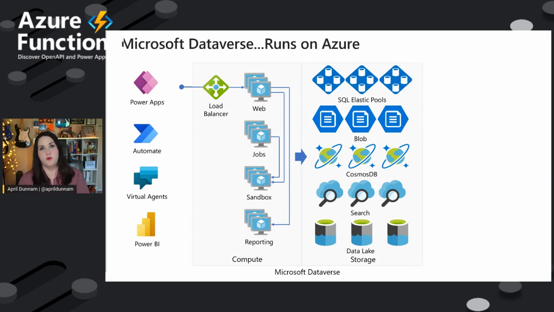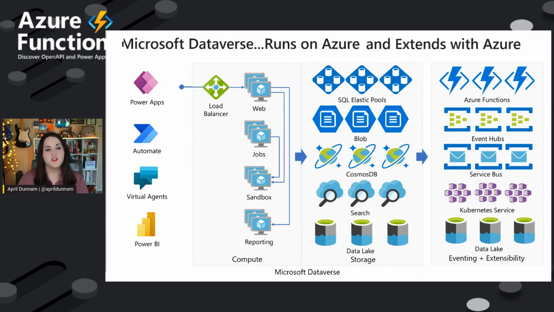So we can pull data into the Dataverse and put it out. It supports everything from relational data like SQL, to blob storage for images and files, to Cosmos for non-relational data, and data lake for big data. So all of that is supported within Dataverse. And of course, extending it with things like Azure Functions, Event Hubs, Service Bus, Kubernetes, and all of that.